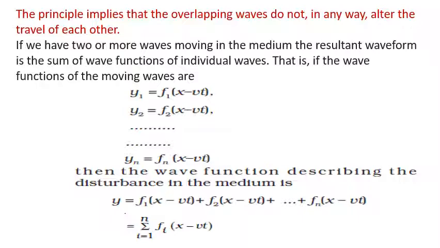If we have two or more waves moving in the medium, the resultant waveform is the sum of the wave functions of the individual waves. That is, if the wave functions of the moving waves are y1 equals f1(x minus vt), y2 equals f2(x minus vt), and so on, then y will be the summation, i equals 1 to n, of fi(x minus vt).